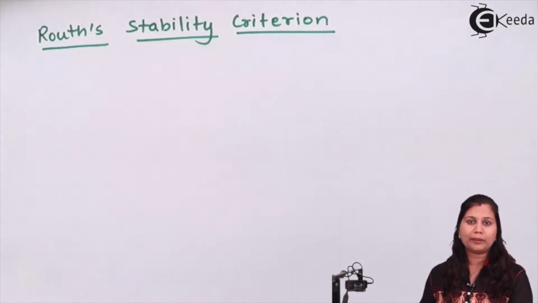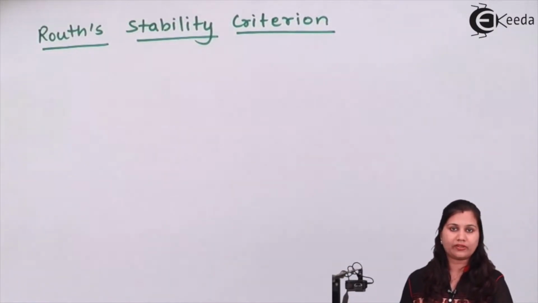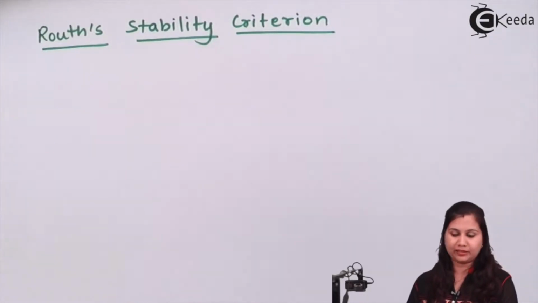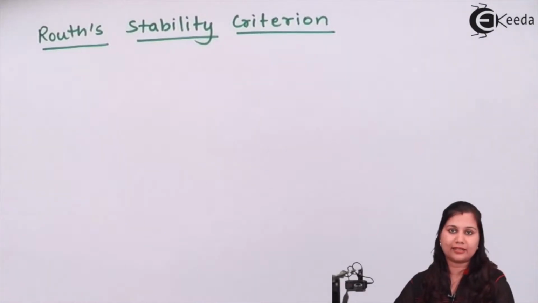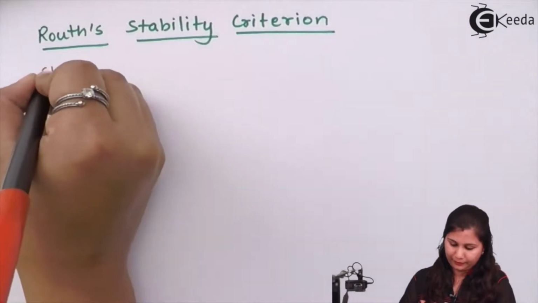We will see one by one all the steps of this criteria, how we can determine the stability using this method. The first step is to determine the characteristic equation of the system.